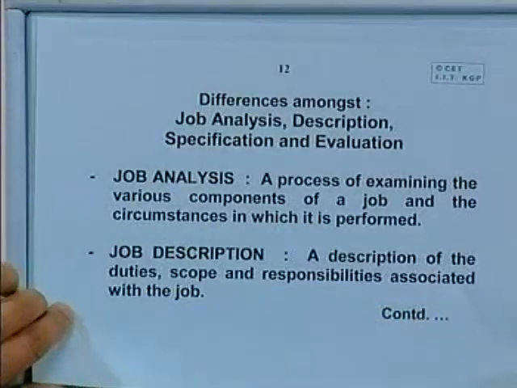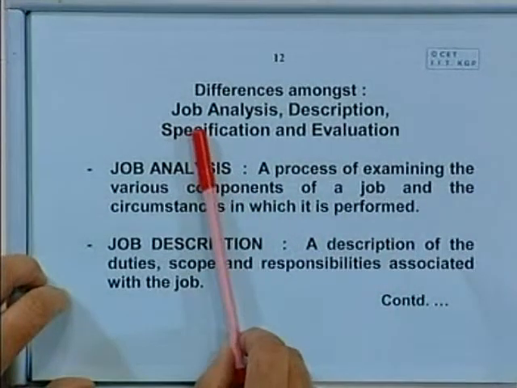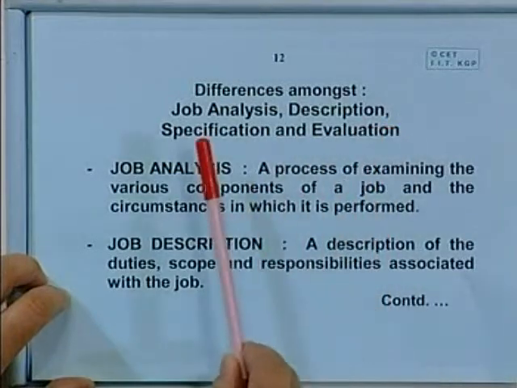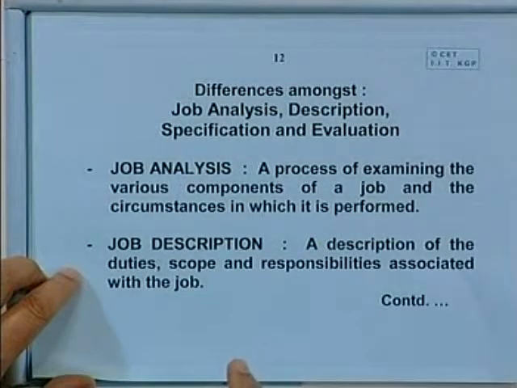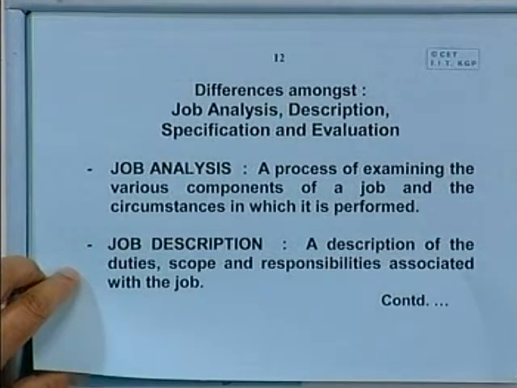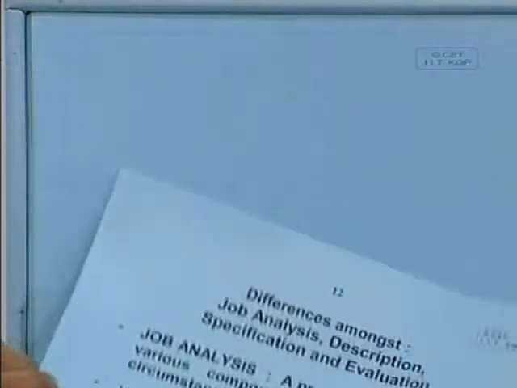that there are differences amongst these four items: job analysis, job description, job specification, and job evaluation. Job analysis is a process of examining the various components of a job and the circumstances in which it is performed. Whereas job description is a description of the duties, scope and responsibilities associated with the job.